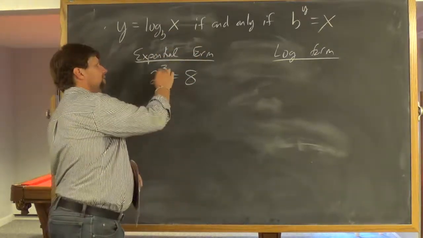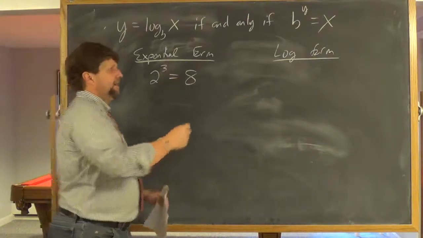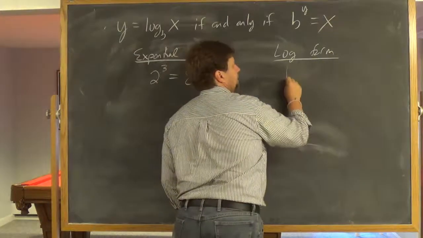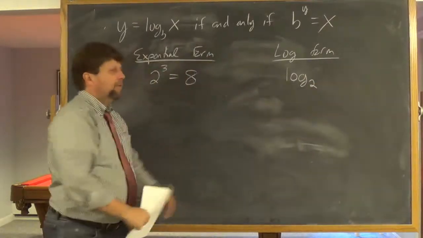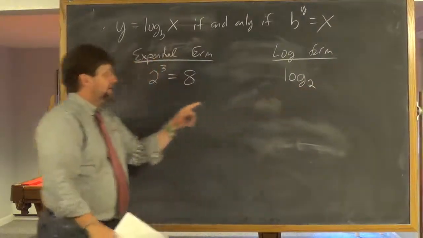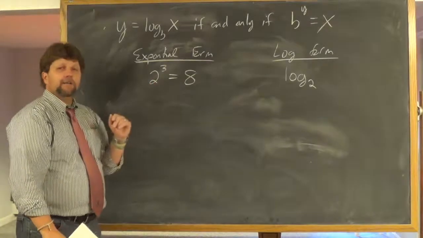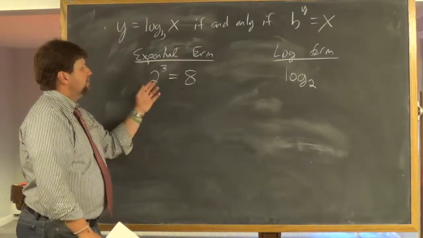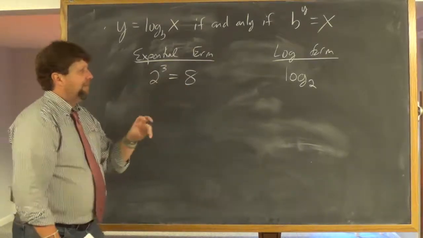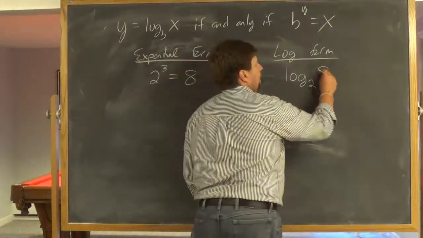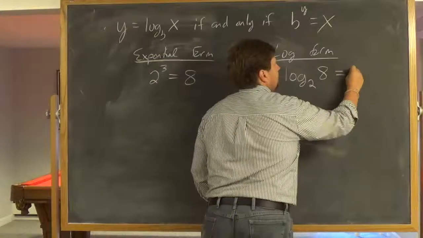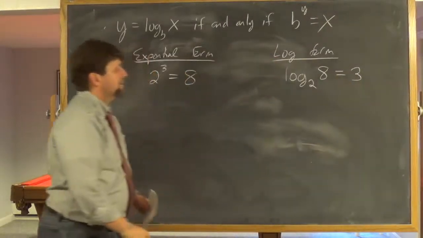So when I see 2 to the third power equals 8, I start off by saying, well, that is log base 2. Whatever my base is for log, it's got to be the same as my base for the exponential function. So 2 to the third equals 8 matches up with log base 2 of 8 equals 3.